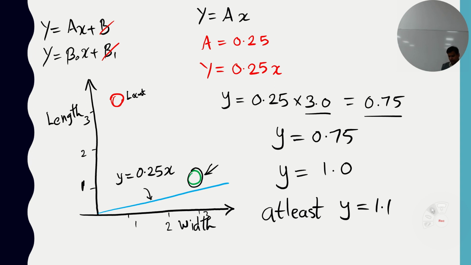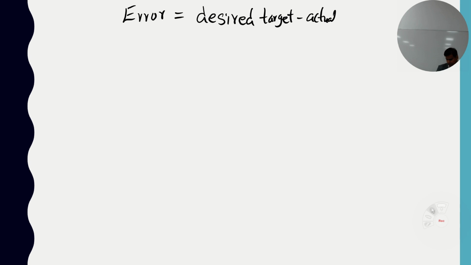Now let's try to calculate the error based on this 1.1. So error, again, we can call it desired target minus actual output.